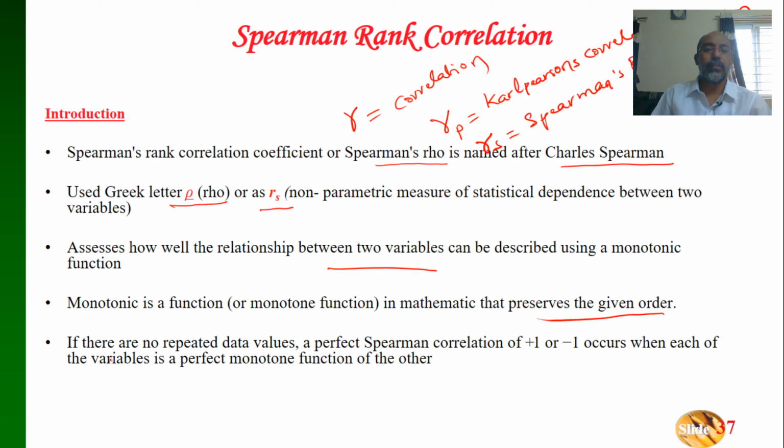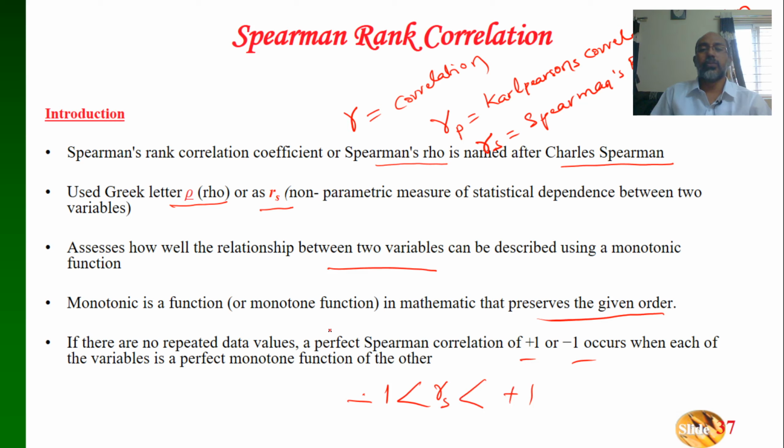If there are no repeated values, a perfect Spearman correlation is plus 1 or minus 1, so it lies between minus 1 and plus 1.